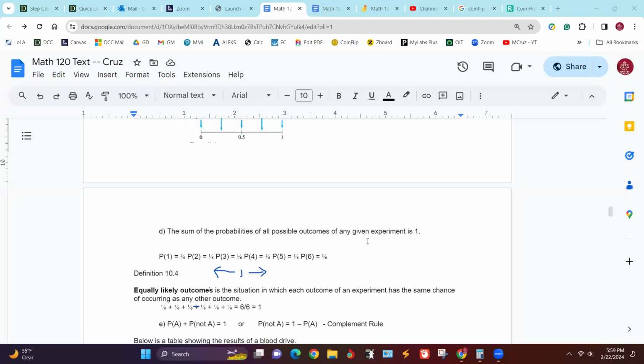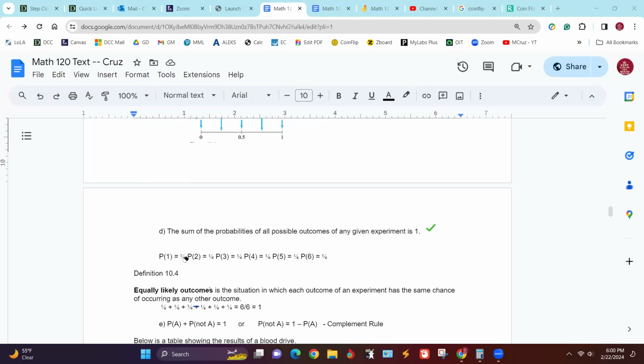Now, the sum of all probabilities for a given experiment will add up to 1. What does that mean? Well, remember on our die situation, there's 6 sides of that die, which will be in our denominator.